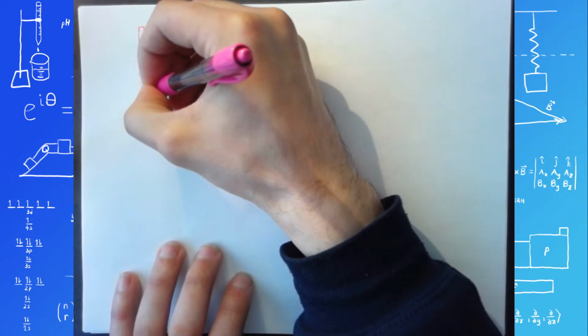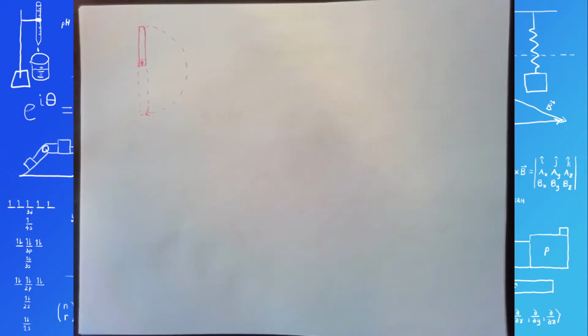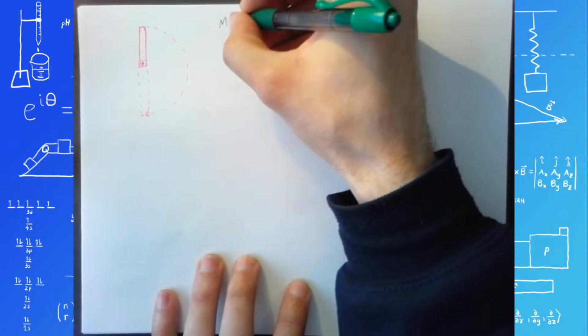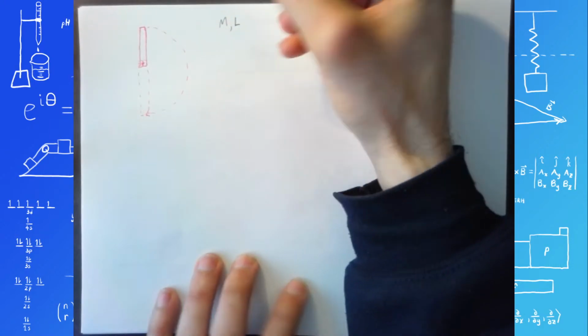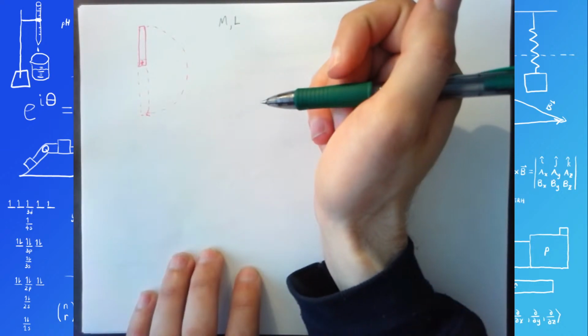The task is to calculate what its kinetic energy will be at the bottom of the swing. Let's say its mass is m and its length is L. And this is a rod being swung through its end.